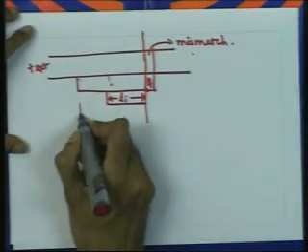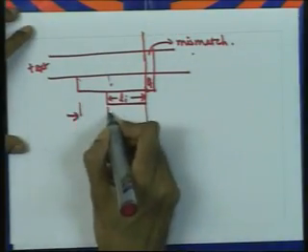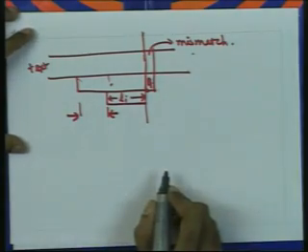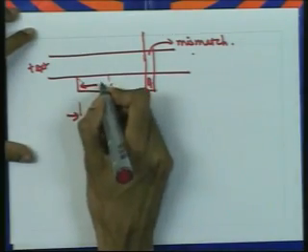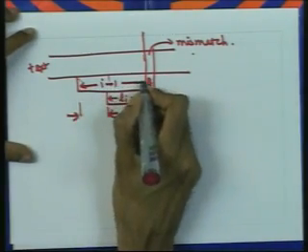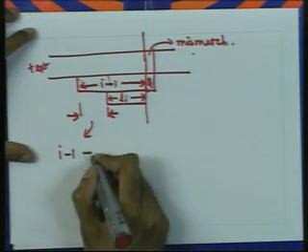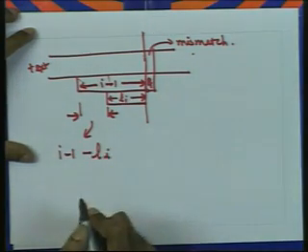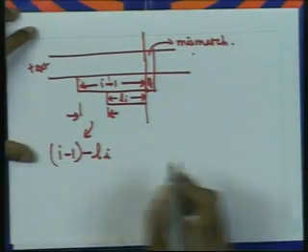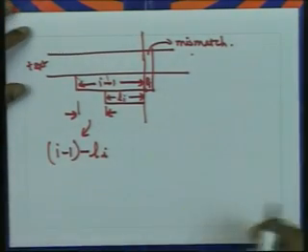So the amount I shift the pattern is this. This is I minus 1, right? So the amount I shift the pattern is I minus 1 minus Fi.